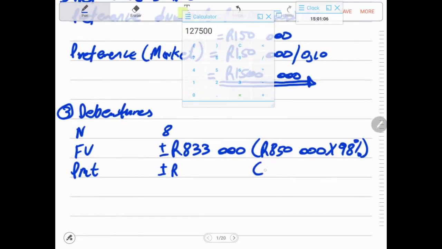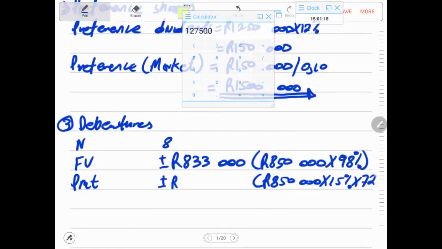So now meaning we have to first say 850,000 rands times 15%, then times this by 72%.